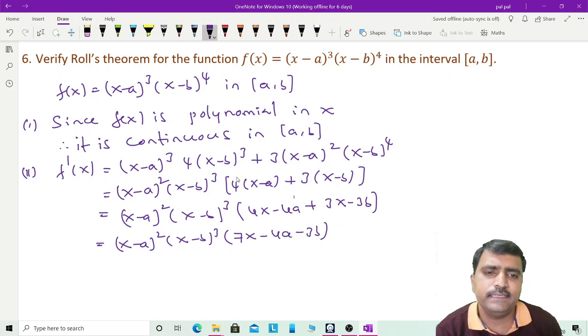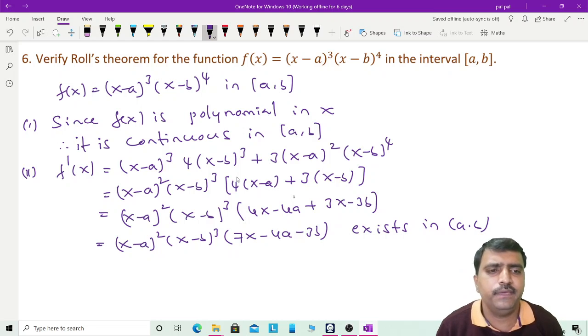Yes, definitely it is also a polynomial, so this derivative exists in the interval a b. That means the function is differentiable in the given interval a b.